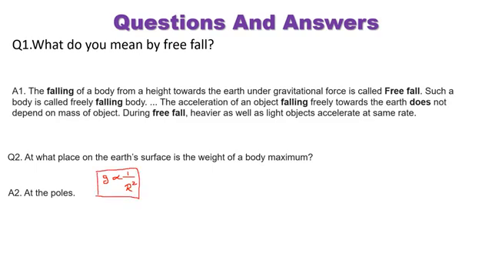If the distance increases, the acceleration due to gravity is less, and if the distance is less, the acceleration due to gravity is more. So weight will be more when the acceleration due to gravity is more, and weight will be less when the acceleration due to gravity is less.